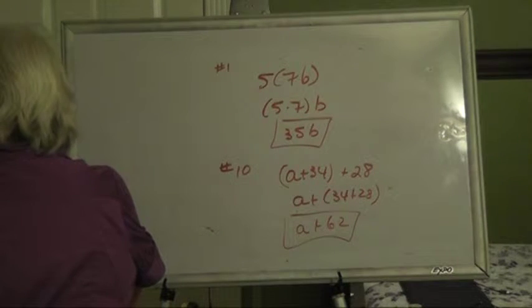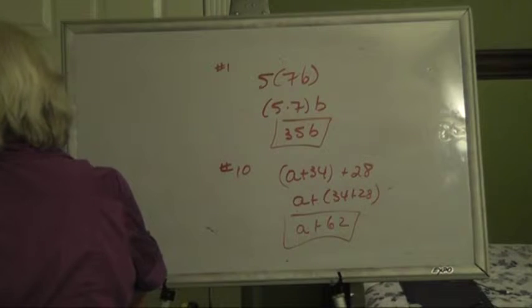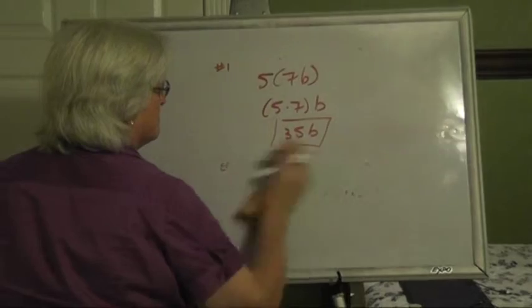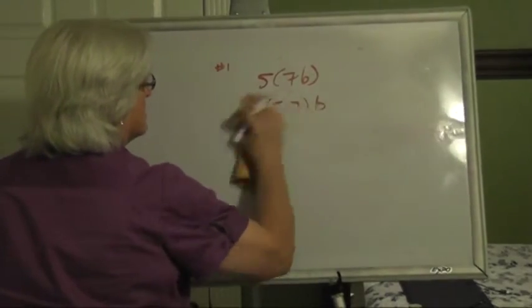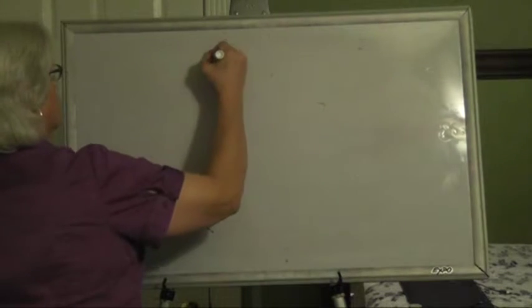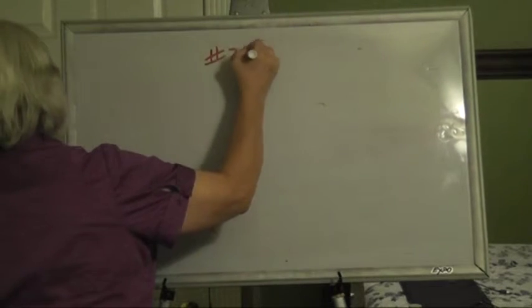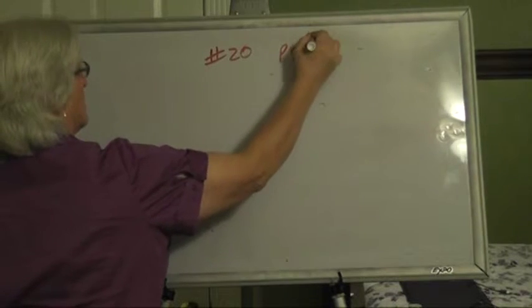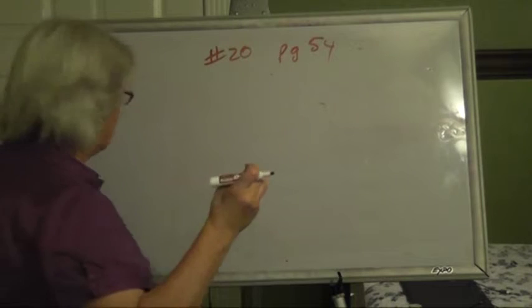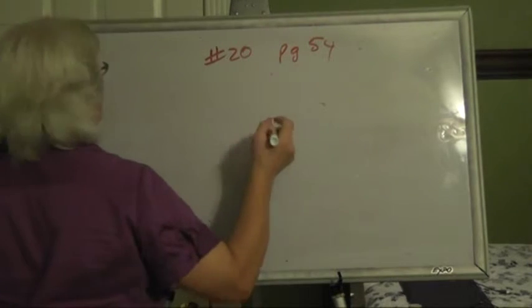Okay, let me do another couple on this section. Let's look at number 20. This is number 20 on page 54, and here we have multiple terms that we're going to combine.